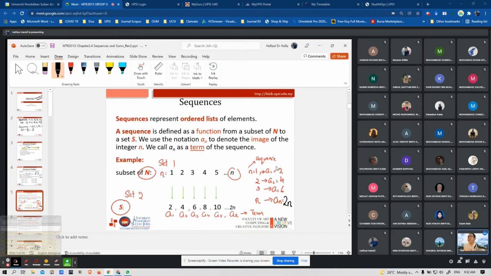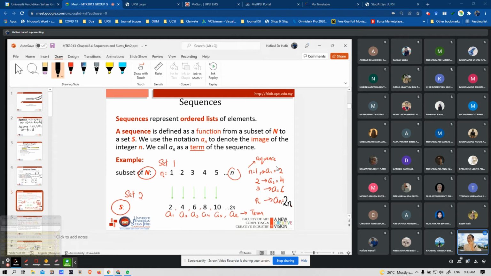Okay, this one is for the sequences. Sequences are represented as a list, like I explained before. A sequence is defined as a function from a subset of the natural numbers to a set S. We use the notation a_n to denote the image of the integer n. We can call a_n a term of the sequence.